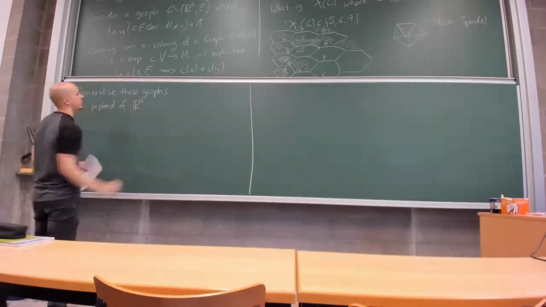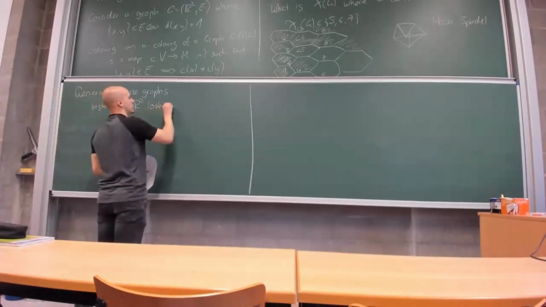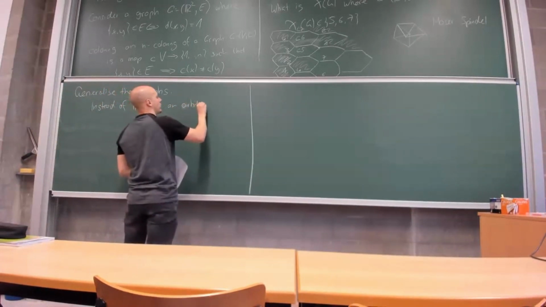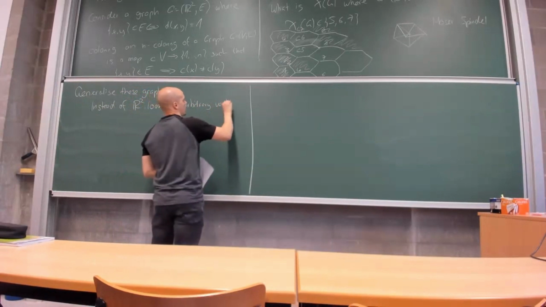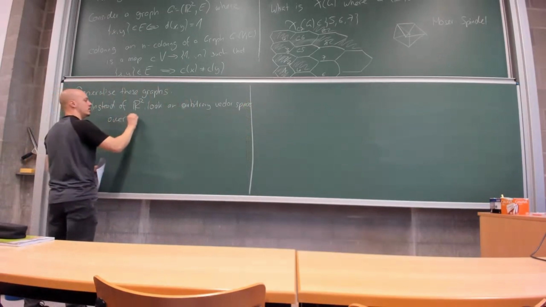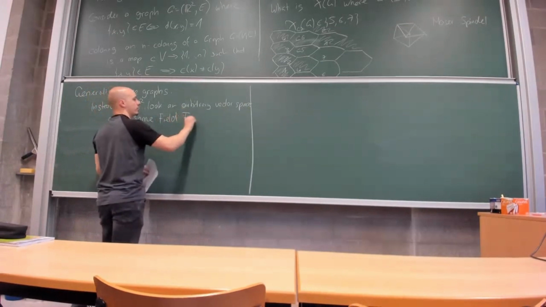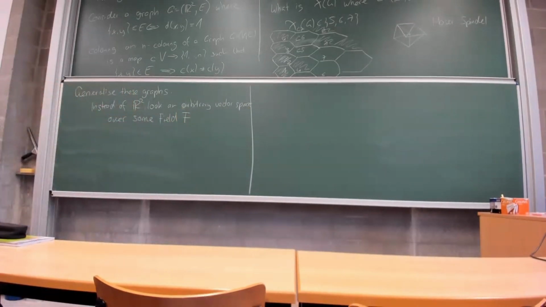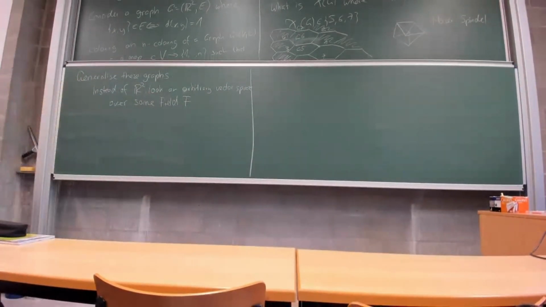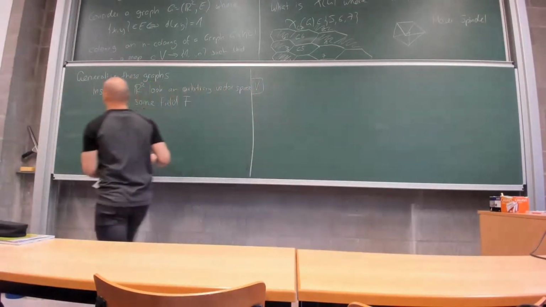So instead of just R squared, we look at some arbitrary vector space over some field F. And then we do not have a distance, but let's call this vector space V.